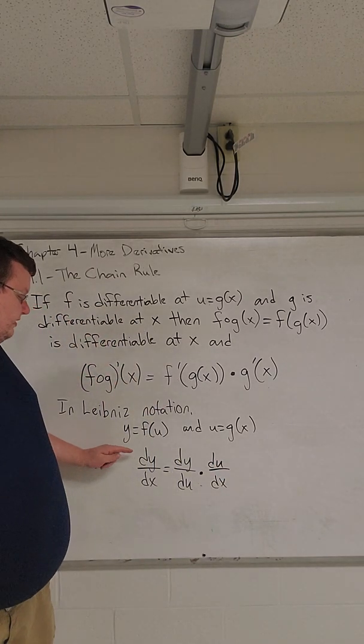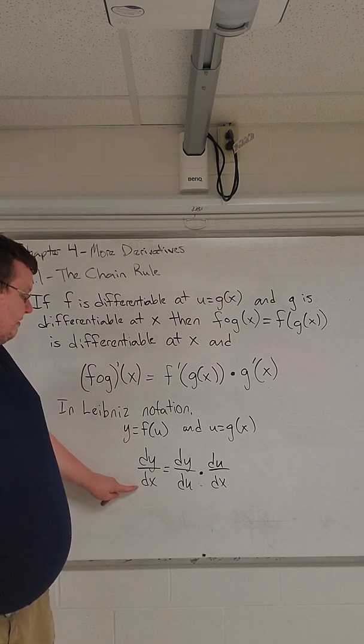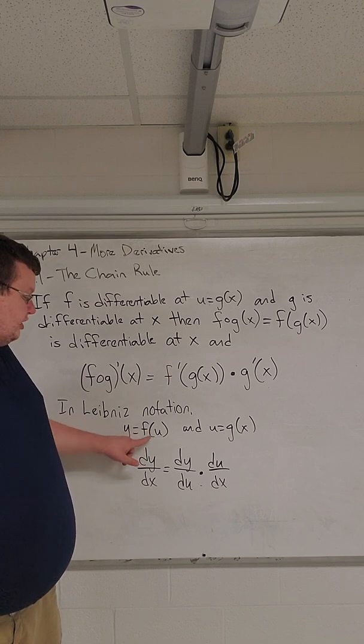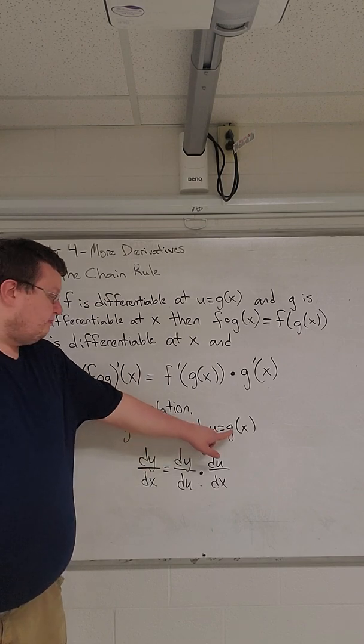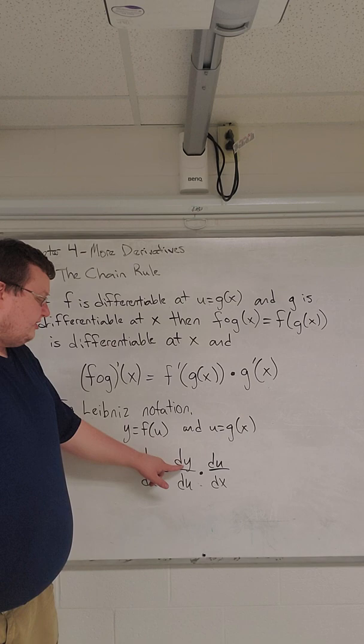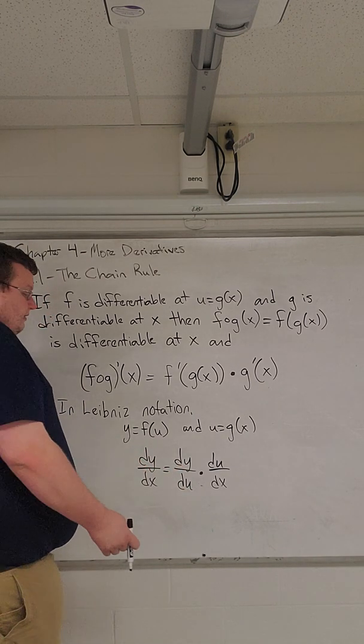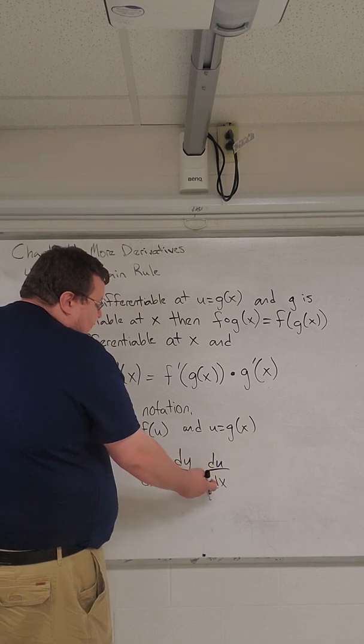Basically what we're doing is for the derivative of y with respect to x, we're going to differentiate y with respect to u, because that u is the inside function. U has been plugged into there. So we're going to differentiate y with respect to u times the derivative of u with respect to x finally.